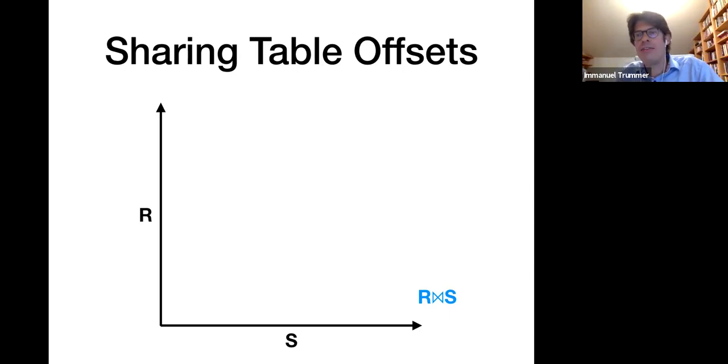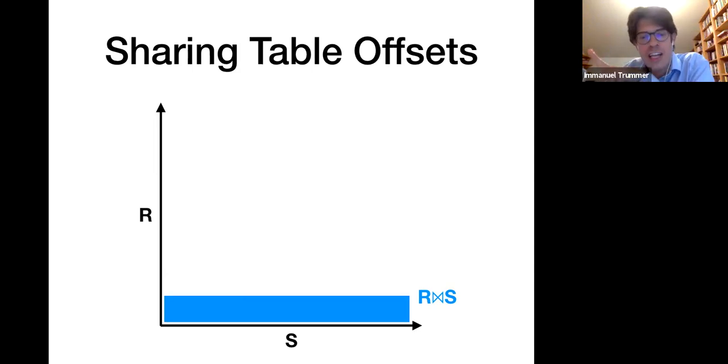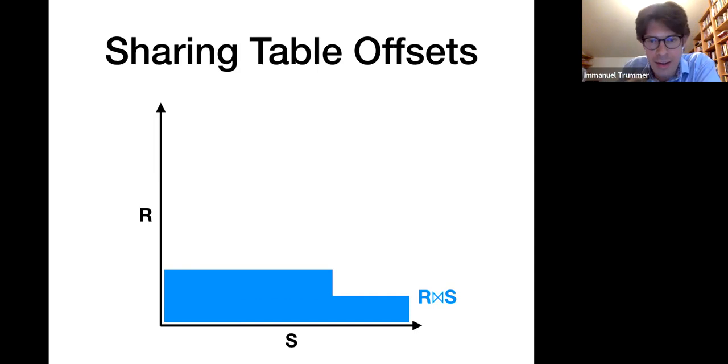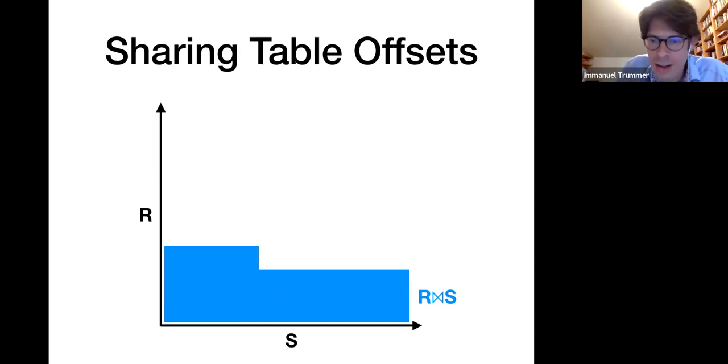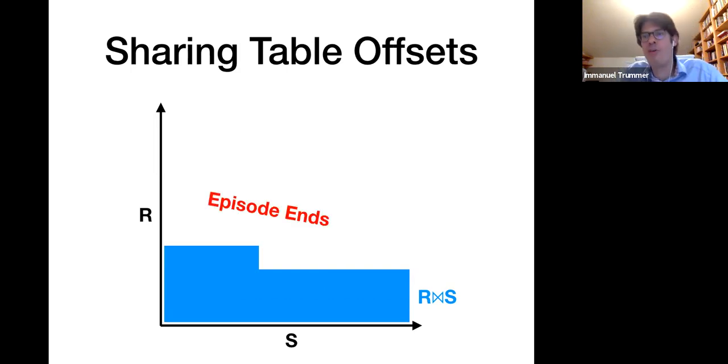So I can represent query evaluation progress here by this two-dimensional plot. So here for a fixed tuple from R, I would consider different tuples from S, like here, and I would add the corresponding tuple combinations to my result set. And perhaps at this point, the current episode ends.